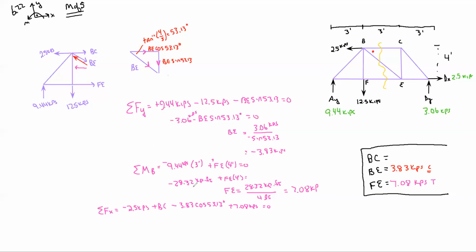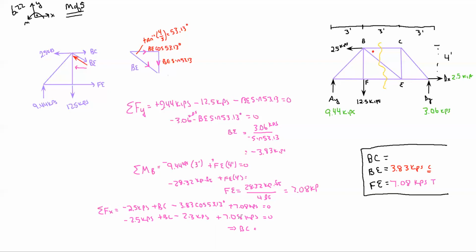3.83 cosine 53.13 is 2.3. So negative 2.5 kips plus BC minus 2.3 kips plus 7.08 kips equals 0, which means that BC is equal to, I'll do it out, negative 2.5 minus 2.3 plus 7.08.